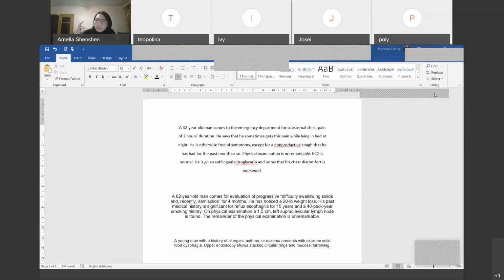So with all of this, we need to first rule out CVS problem, right? Because in reality that is more urgent rather than a GI problem.